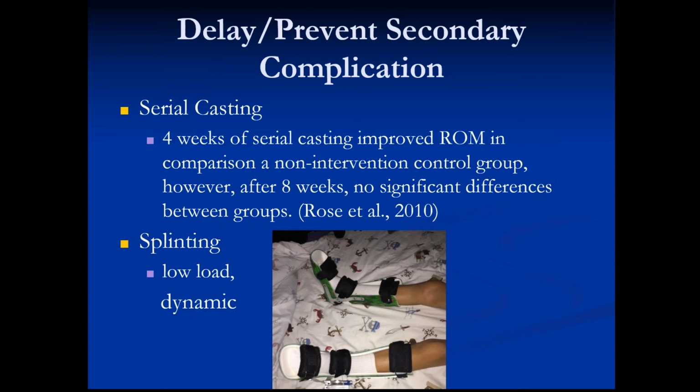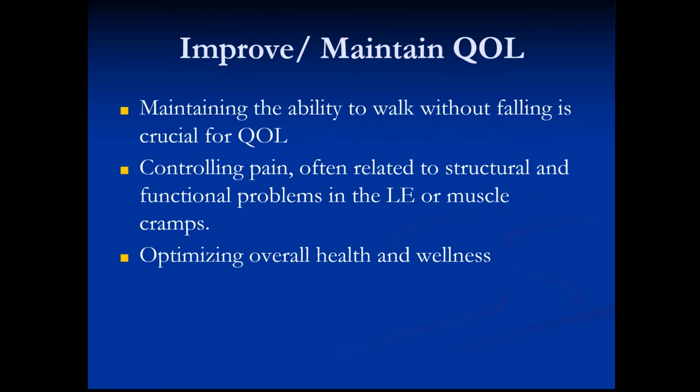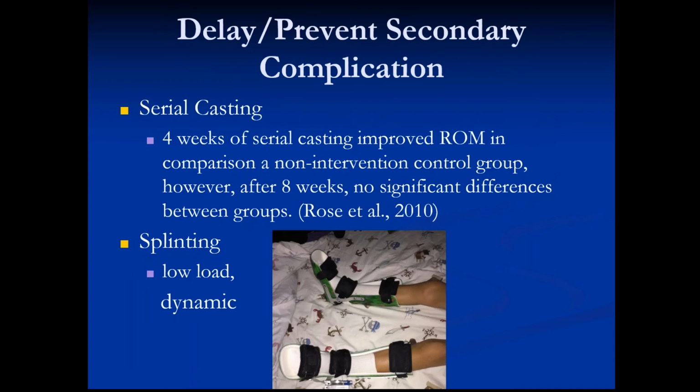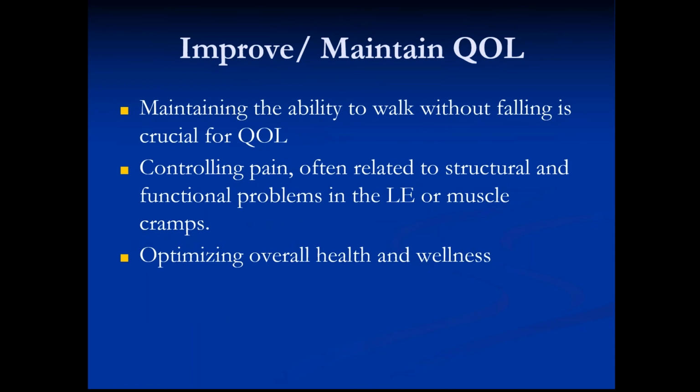So another overarching goal that Kate expressed at the start of our presentation was improving and maintaining quality of life. And maintaining the ability to walk without falling is crucial for these kiddos. As physical therapists, we will work with patients and their families in designing interventions that will improve their quality of life.